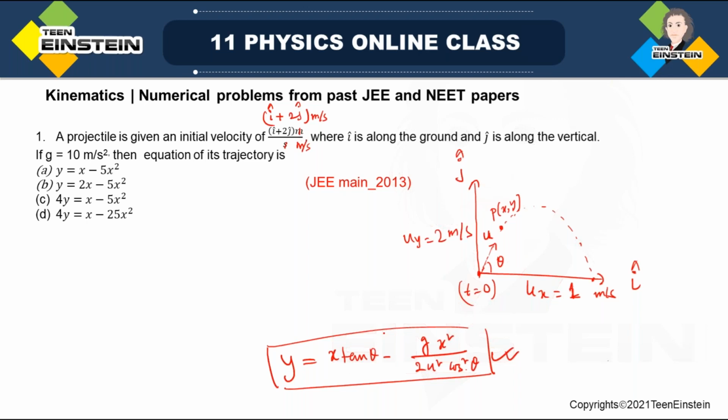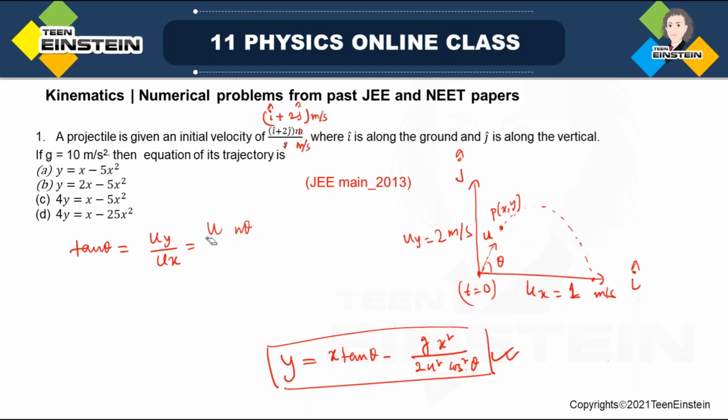Now then what is the theta? So how do you get theta? Let us say tan theta is uy by ux. This will be giving you tan theta, because this is u sin theta by u cos theta.